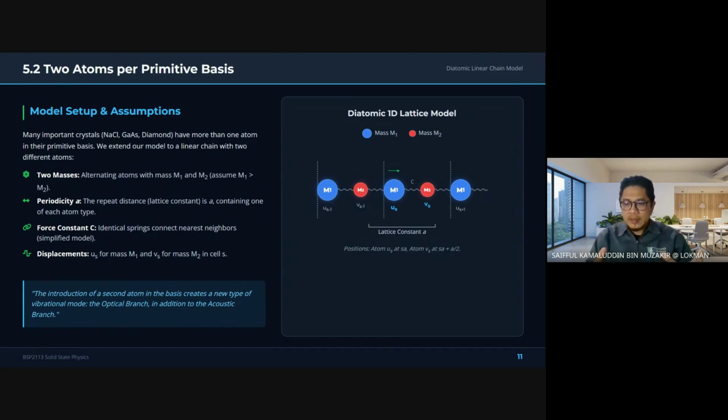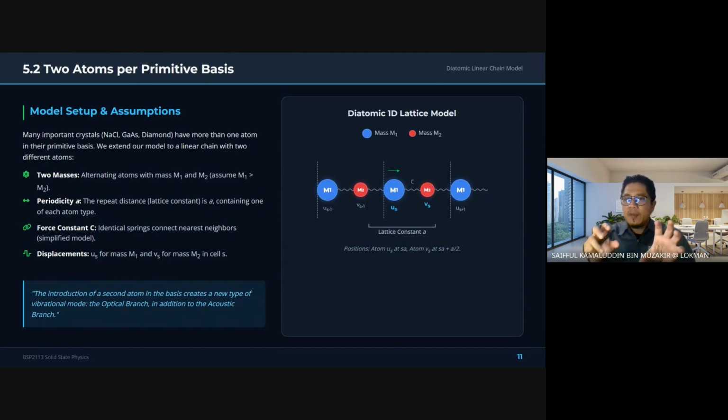If our crystal is not germanium but gallium arsenide, so we have two different sizes of atoms, right? Most probably, we could have both acoustic phonon and optical phonon.